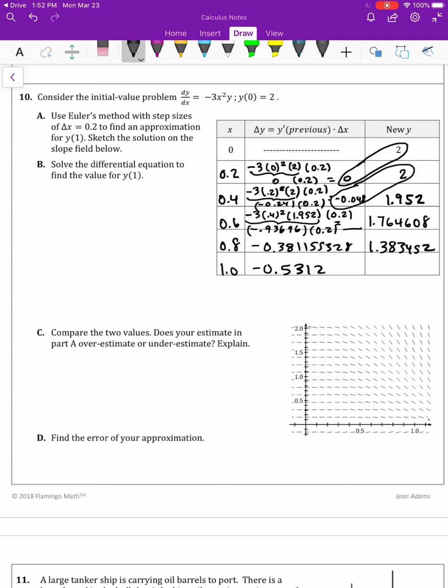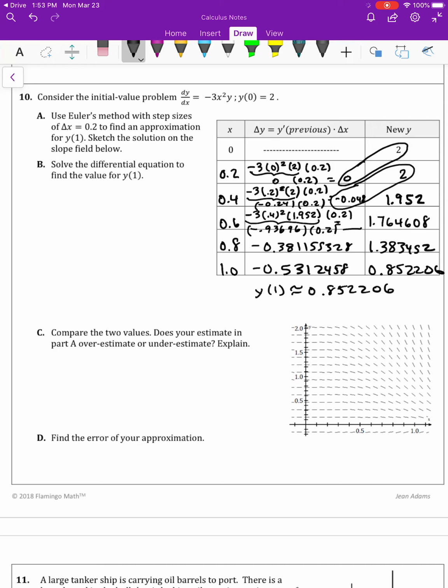And then done the same thing here, we should have gotten -0.5312458, and added that to our previous y value and got 0.852206. Okay, so that would be our approximation for y(1). So the whole reason we did this is we're saying, hey, y(1) is approximately this using Euler's method.